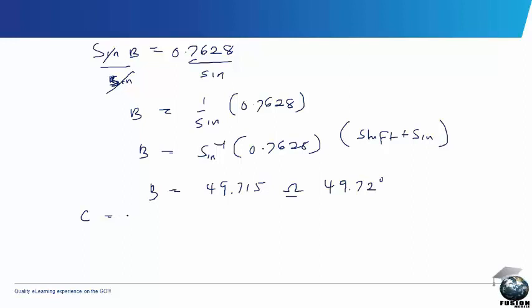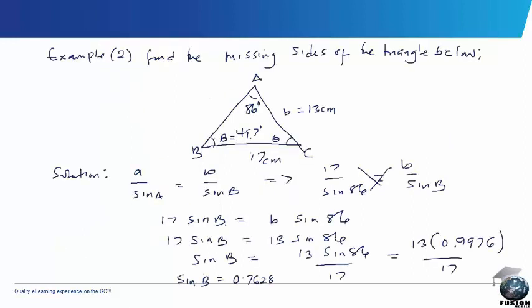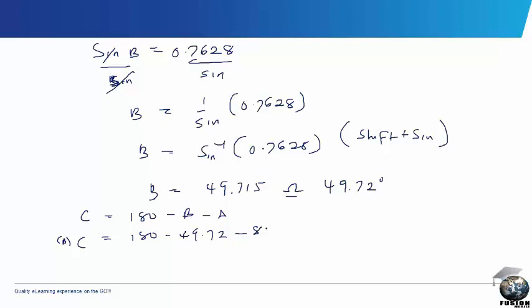C will be equal to 180 minus angle B and angle A, so 180 minus 49.72 minus 86, which gives an outcome of 44.28.